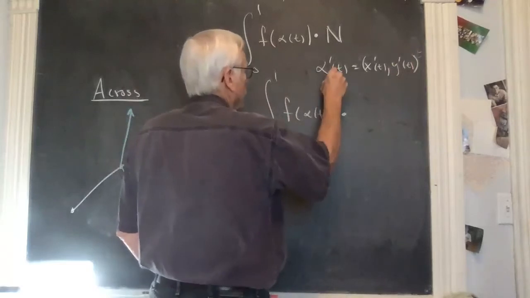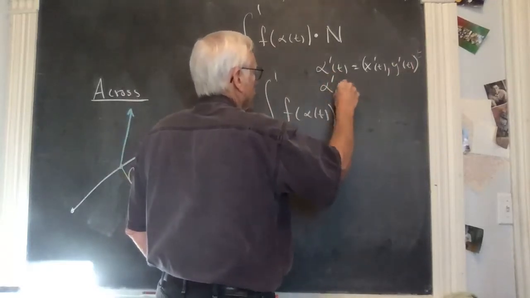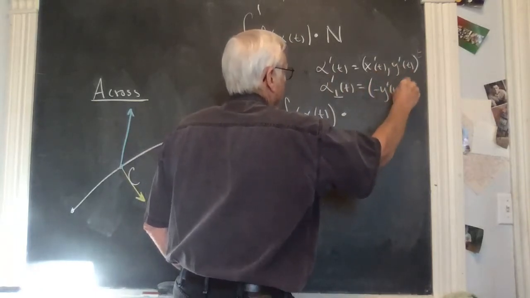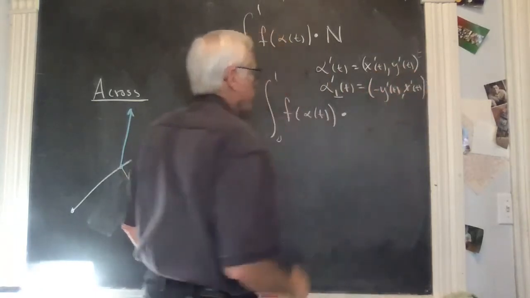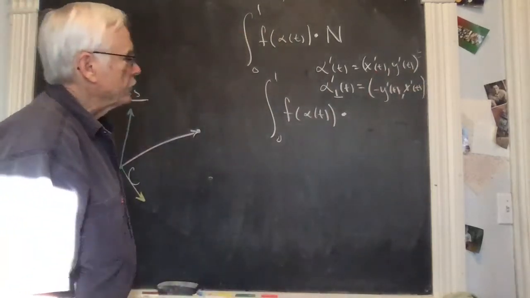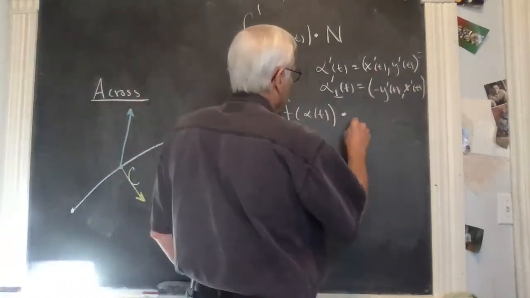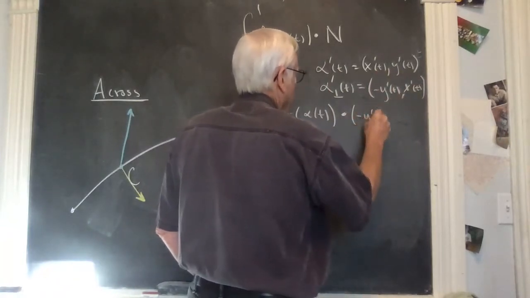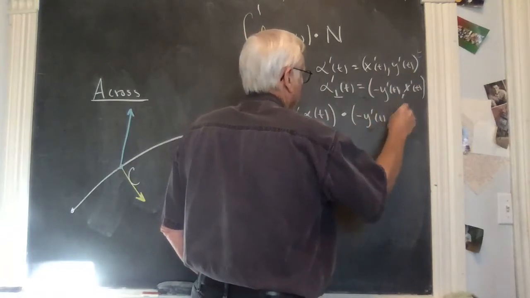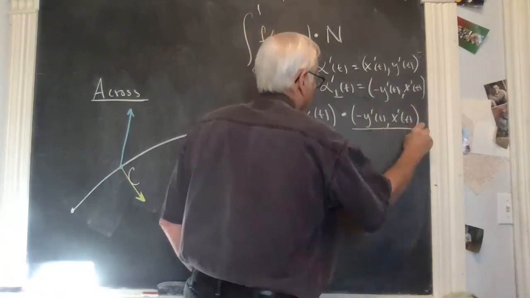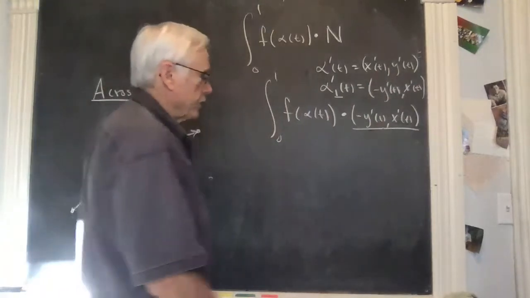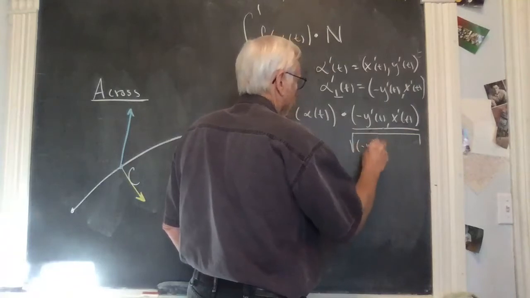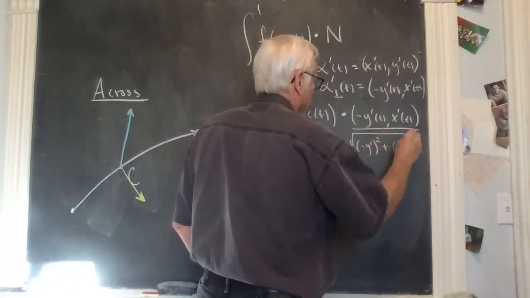And so alpha prime perp of t is minus y prime of t, x prime of t, where the perp means perpendicular. And so n then is equal to minus y prime of t, x prime of t, divided by the length of this, which is the square root of y prime squared plus x prime squared.